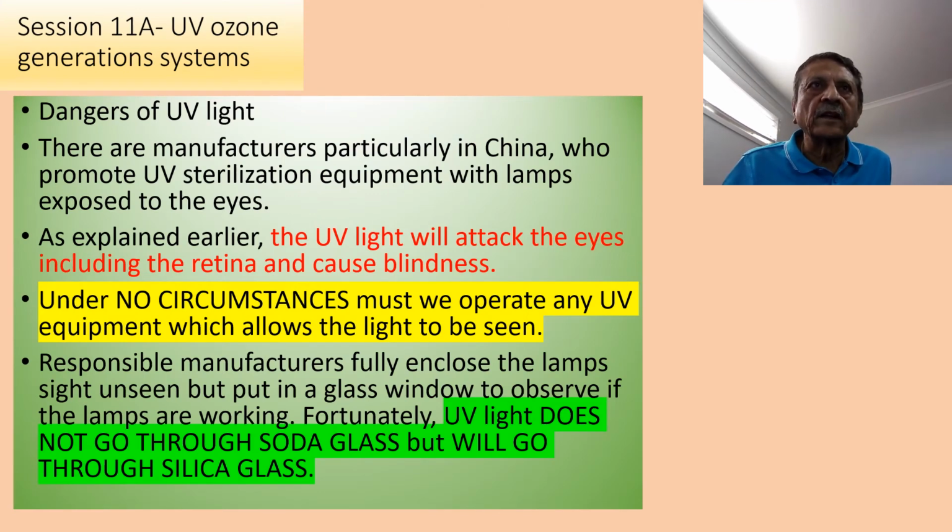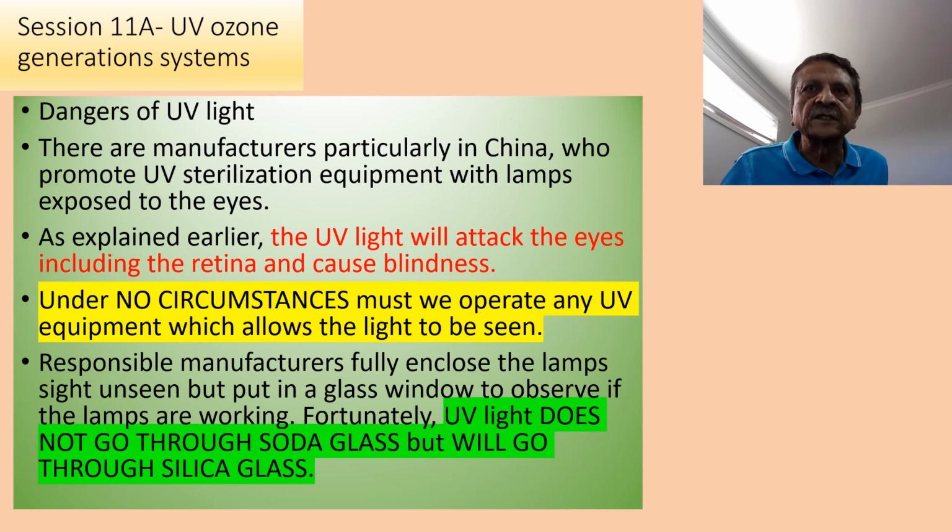I will be irresponsible if I do not explain the dangers of UV light. There are manufacturers, particularly in China, who promote UV sterilization equipment with lamps that are exposed to the eyes. As I've explained earlier, UV light is very dangerous. It will attack the eyes, including the retina, and eventually cause blindness.